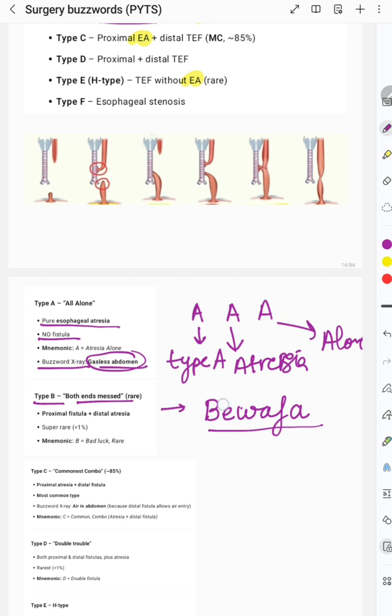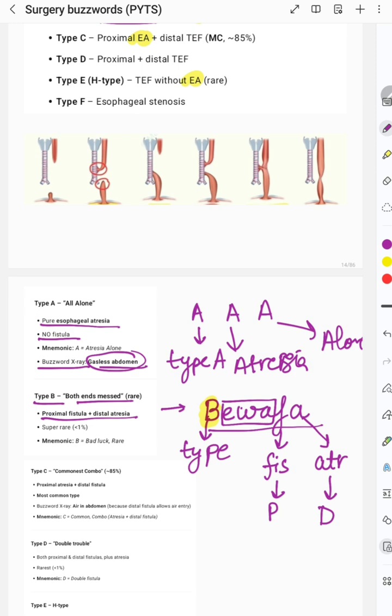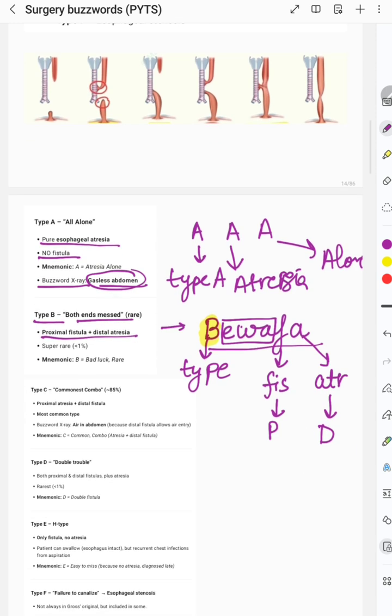Eva is a girl who is bebafa, and this F is, first we have fistula and then we have atresia. So first we talk about proximal, then distal. So there will be a proximal fistula and distal atresia. And for B we remember both ends messed up and super rare: bad luck, only super rare condition.